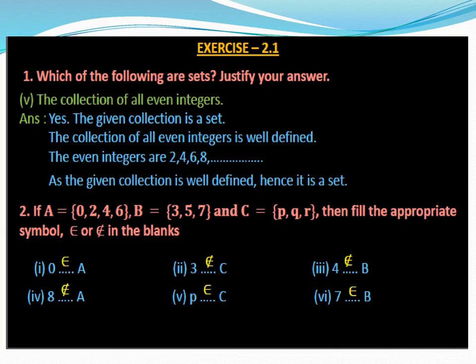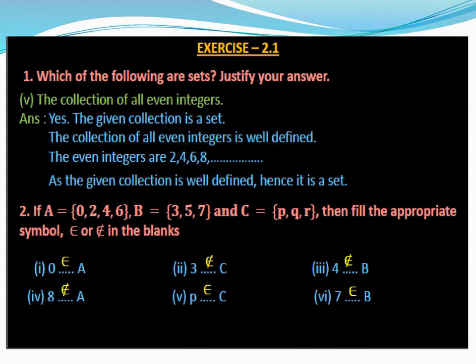Now we will solve the first one, 0 dash A. Which symbol can we write in this blank? Yes, belongs to. Why? Because 0 is an element in set A. So 0 belongs to A. Second, 3 dash C. In set C, which elements are present? p, q, r. But 3 was given in the problem.